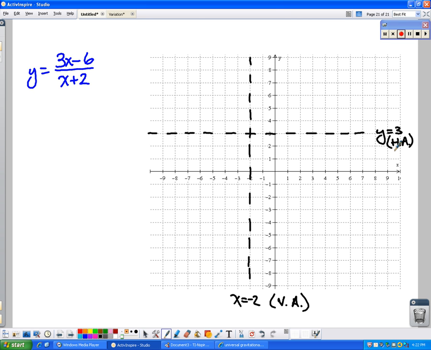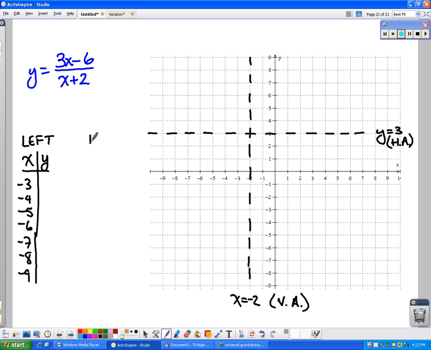Now what we're basically doing is making t-charts, plugging numbers in, evaluating the function, and plotting the dots. And in this case, we really have two, one for the left branch, which will use values to the left of our vertical, so numbers like negative 3, negative 4, negative 5, and so on.